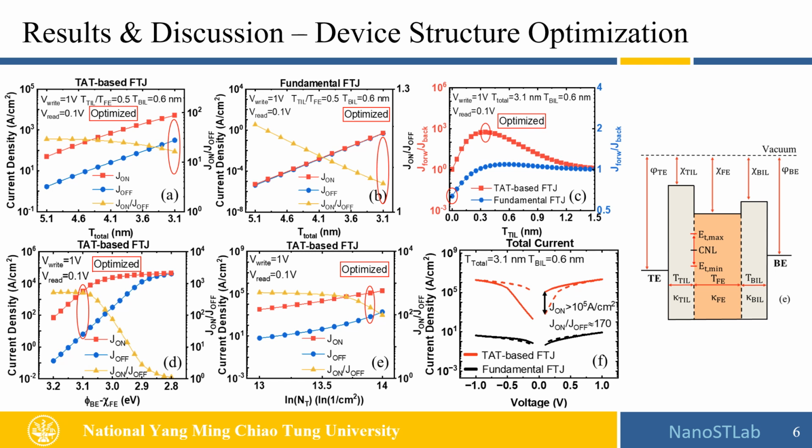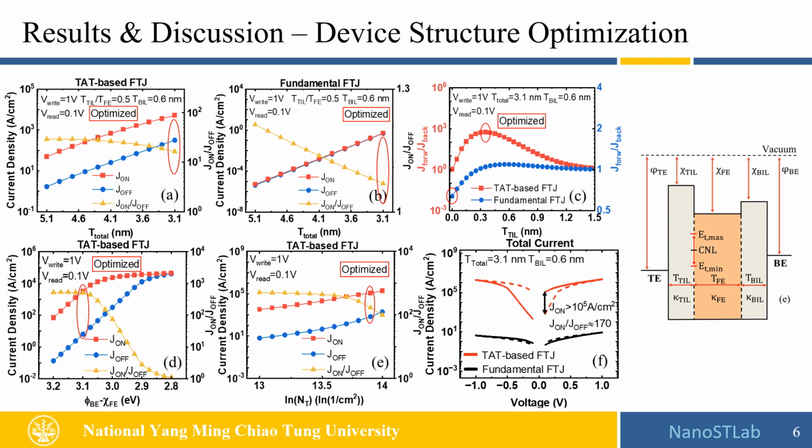So in figure C, we do the on/off ratio optimization by modulating the thickness ratio between TL and FE. And because the trap condition optimization point differs between different device structures, we do the trap condition optimization again in figures D and E and eventually in figure F.